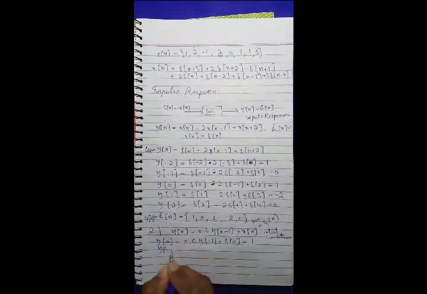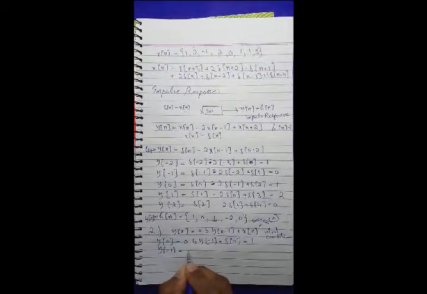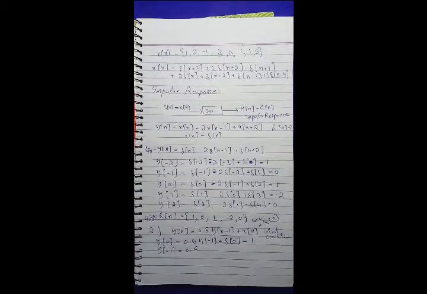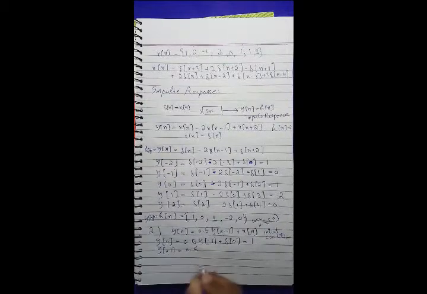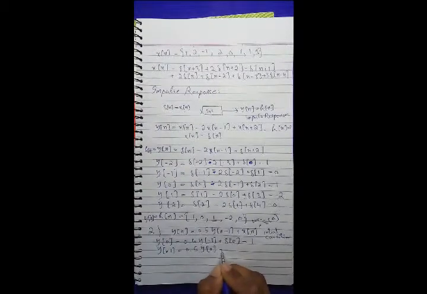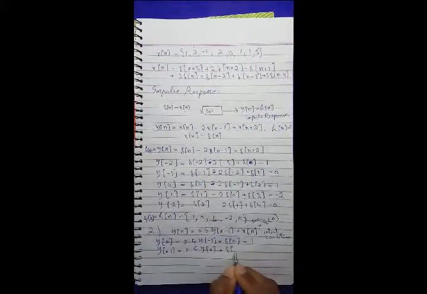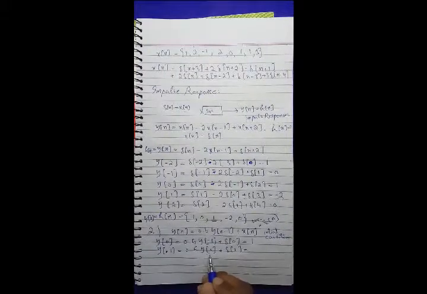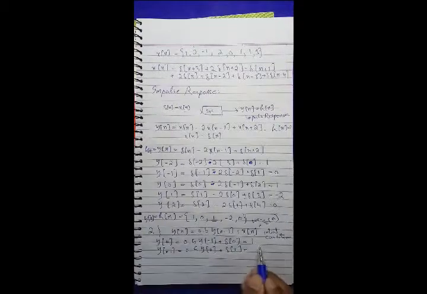Now y of 1 is equal to 0.5 into y of 0 plus delta of 1. Here y of 0 is equal to 1.